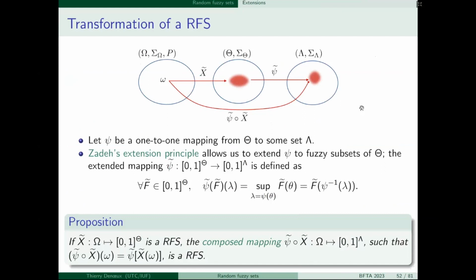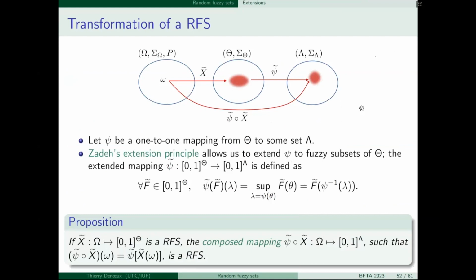It is the image of that fuzzy set of theta. Its membership function is defined like this: the degree of membership of lambda is the supremum of f tilde of theta for all theta whose image is lambda. You take one lambda, you take all the theta whose image is lambda, and you take the maximum degree of membership in that set.